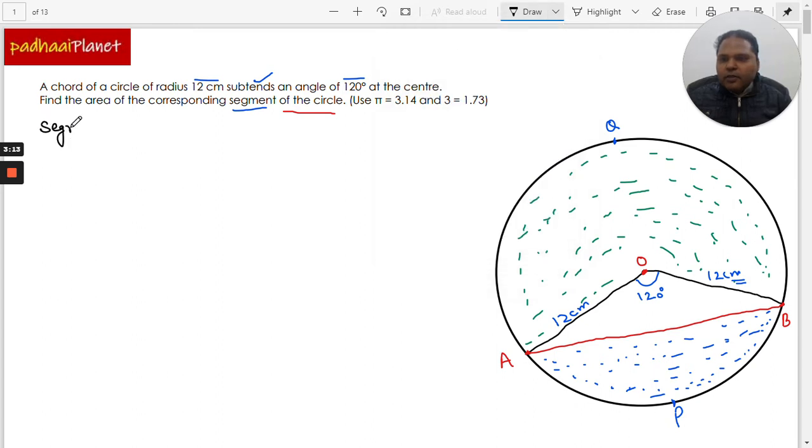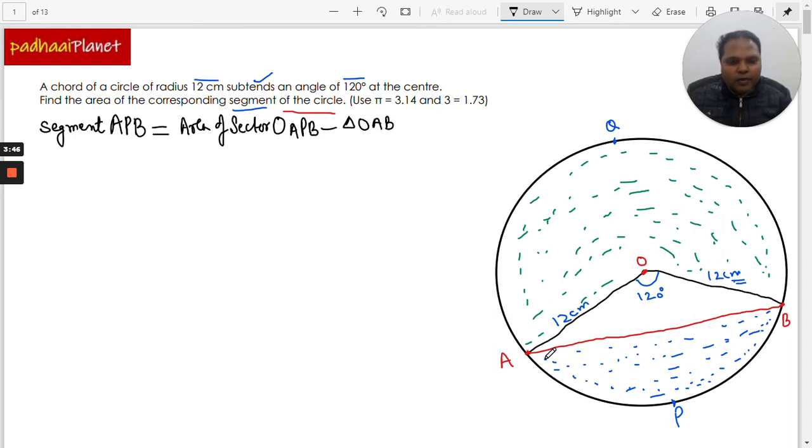So the area of the segment APB will be equal to the area of sector OAPB, and from this, if we subtract the area of the triangle OAB, we will be left with this area, right?